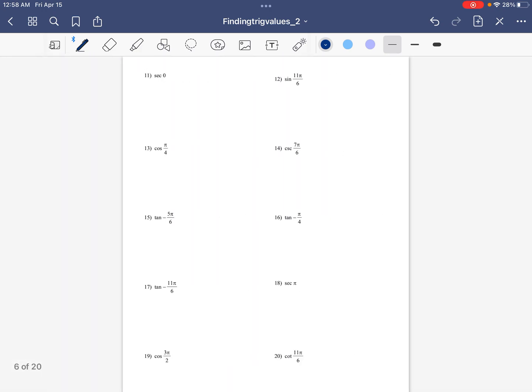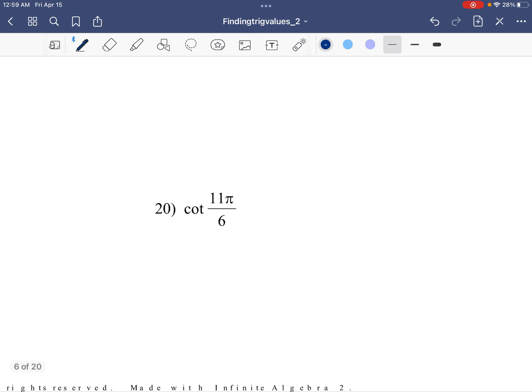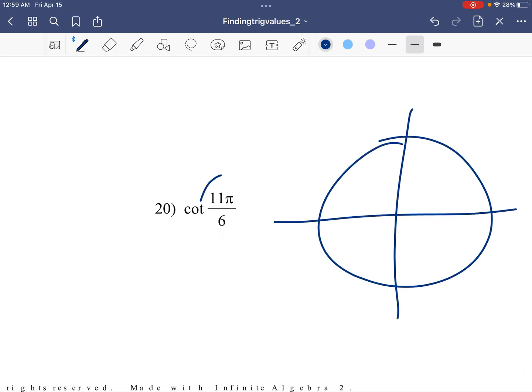Let's see if there's more reciprocal examples. Cotangent. Okay, so we have this one, cotangent. So we're going to start with a circle. Break it up. Find 11 pi over 6. It's like here. Moving in the positive direction has brought us there.